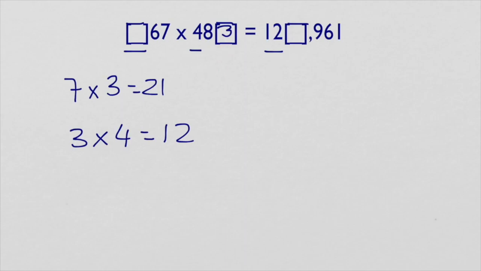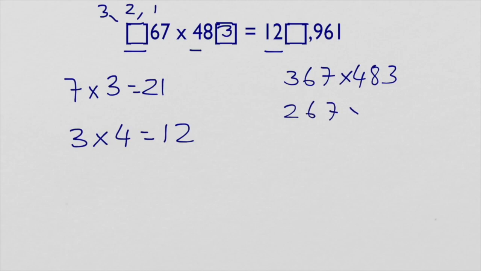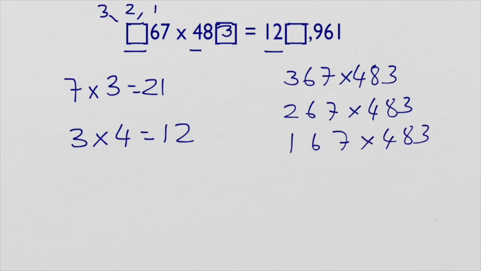So I'm going to have to explore the options. It may be 3, but that might also be 2 or 1. So the 3 numbers I'm going to have to calculate are going to be 367 times 483, 267 times 483, and maybe even 167 times 483.